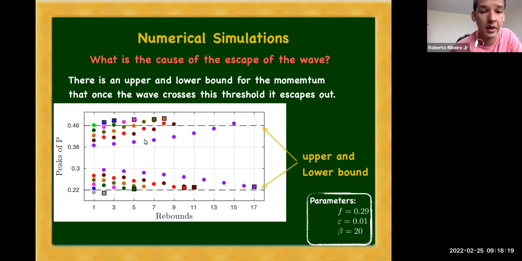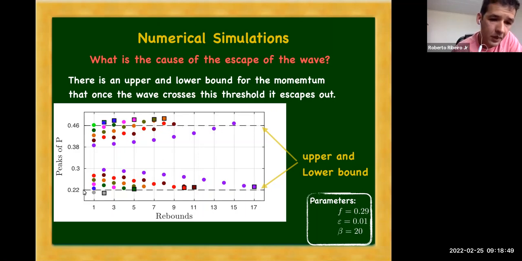So if we follow each rebound of the red wave, we see that when the wave crosses some level of the momentum, it escapes out. Basically, we conclude that there are an upper and a lower bound for the momentum, and once the wave crosses this threshold, it escapes out.